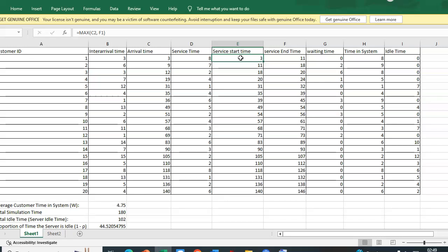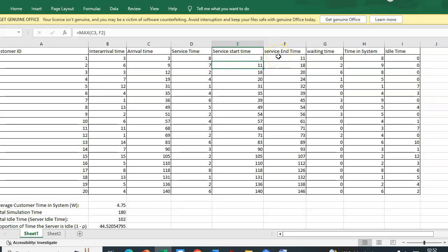For the service start time, the first one is 3, and to get the next one, you have to put MAX in the formula to ensure that the previous customer is finished, so that they start service for the next customer after the previous customer is finished. So that's how you get the service start time.